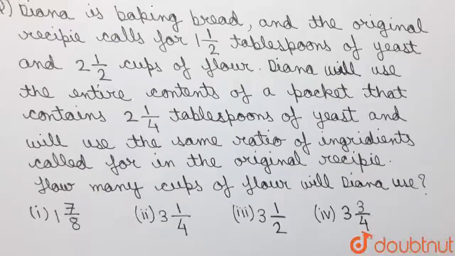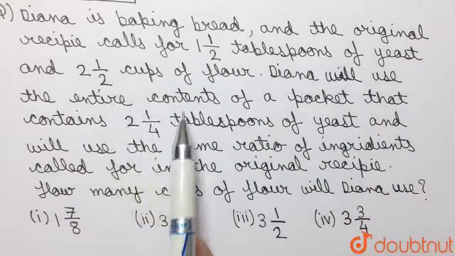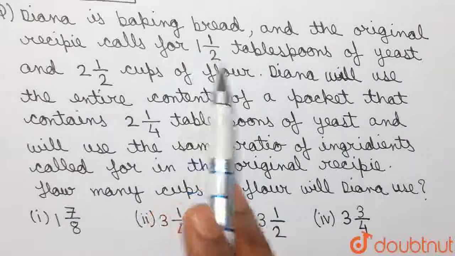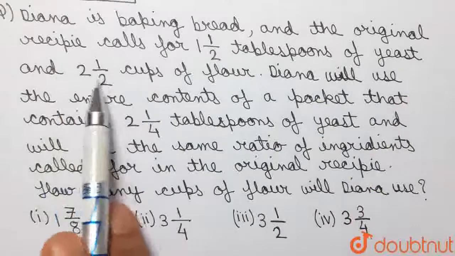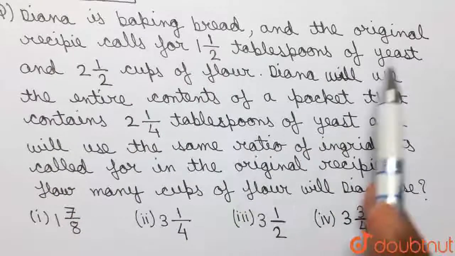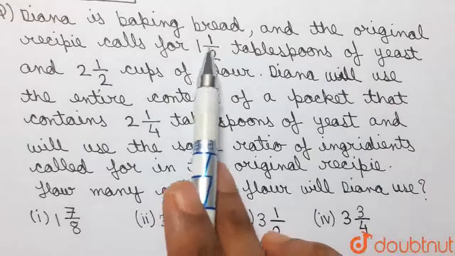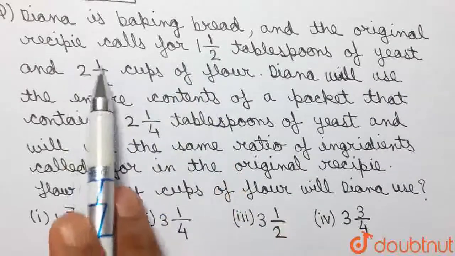So, as per the question, the original recipe of bread calls for 1.5 tablespoons of yeast and 2.5 cups of flour. So the ratio of yeast and flour can be written as the ratio of 1 whole 1 by 2 and 2 whole 1 by 2.